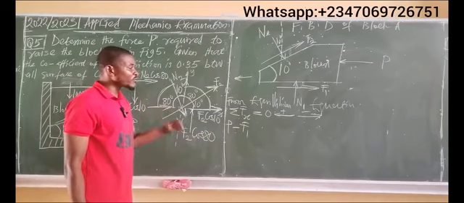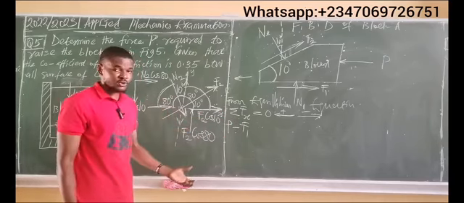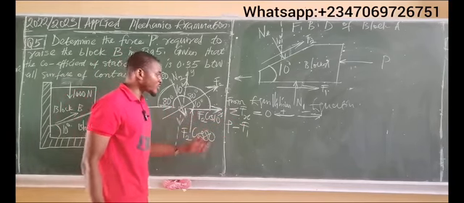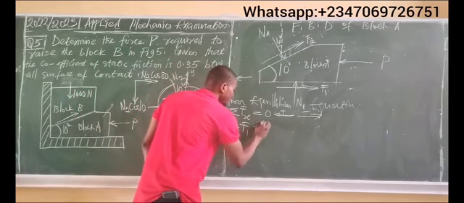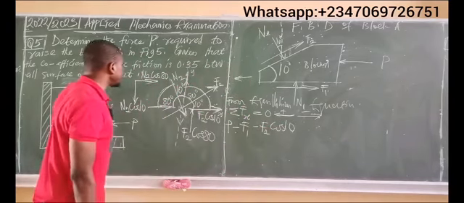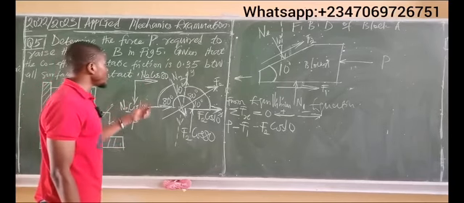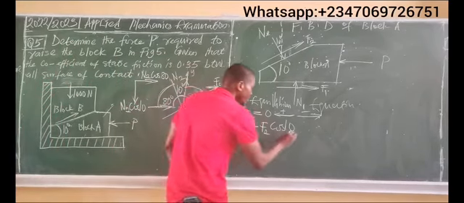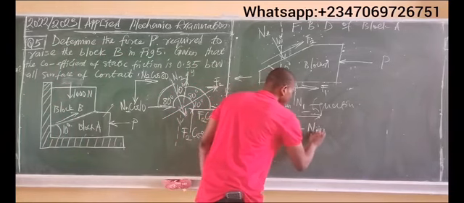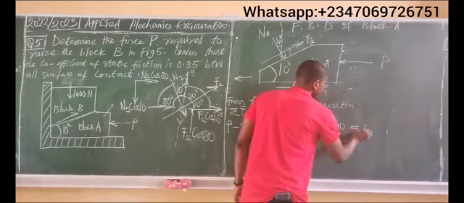So your frictional force will always give you a negative value, because it is always opposing motion. So since it moves to the right, it becomes negative. So I have minus F2 cos 10. And I have the normal reaction also pointing to the right. So it's negative. You have minus N2 cos 80. So the whole of this is simply equal to 0.